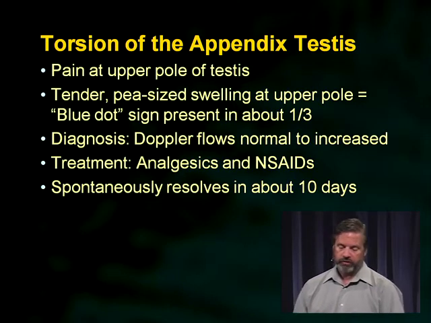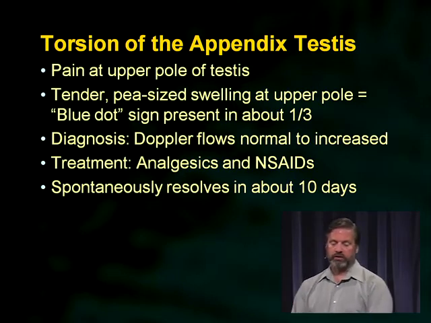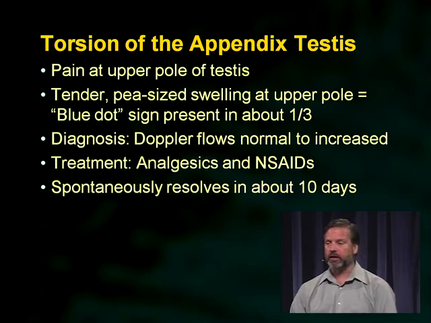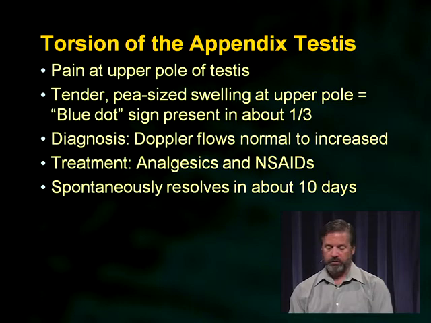So with torsion of the appendix testis, what you're more likely to see is pain at the upper pole of the testis. You might see a pea-sized swelling at the upper pole, sometimes referred to as a blue dot sign. You can actually see that on physical exam. The best way to make this diagnosis is through Doppler ultrasound, and this can be treated with analgesics using things like NSAIDs. Usually spontaneously resolves in about 10 days.